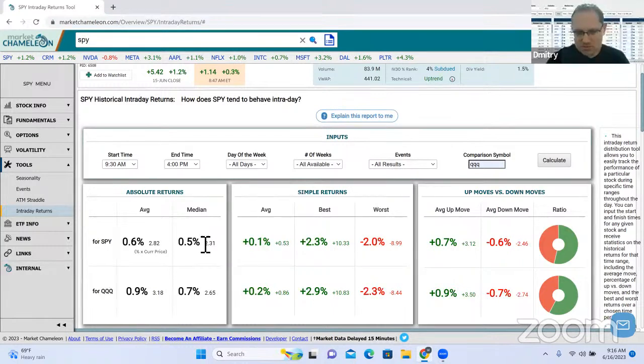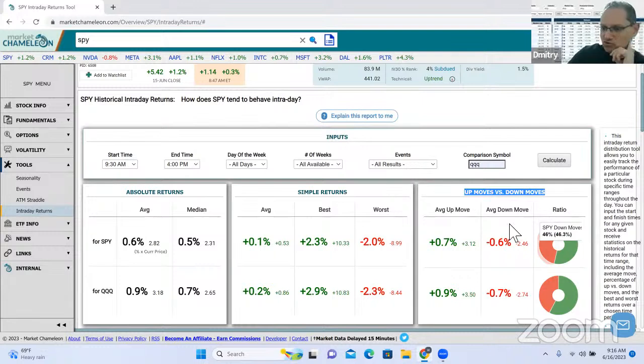Simple returns. We take a look at that. The average returns 0.1%, 0.2. So there's a skew towards the upside. The best return in SPY versus best return in QQQ, 2.3% versus 2.9. Worst return, 2% versus QQQ, 2.3. All right. What about the up moves versus down moves?